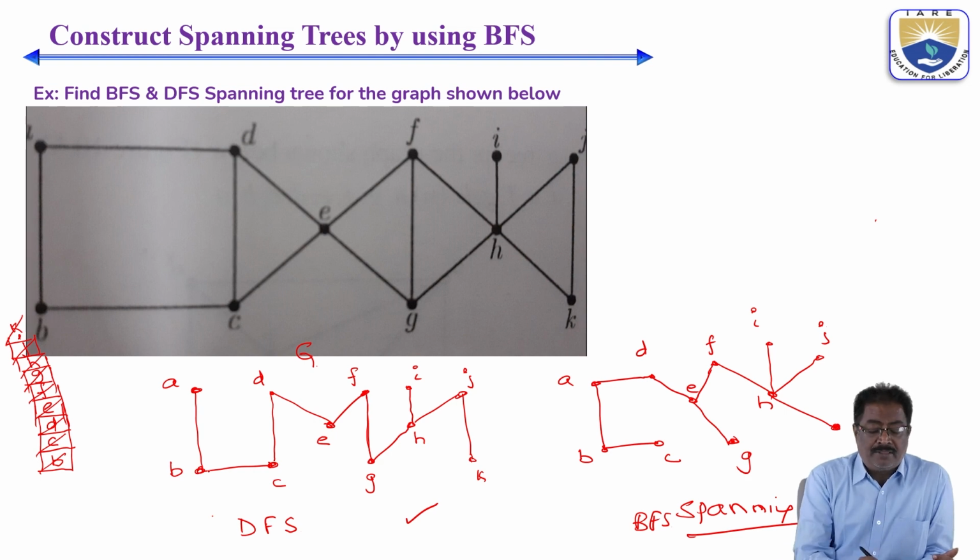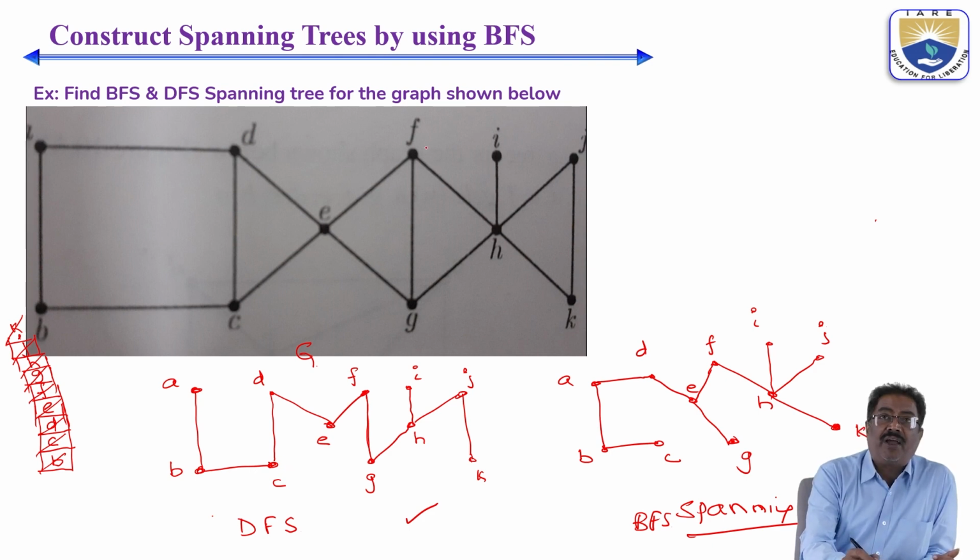So B, then we find C, from there D, from there E, from there F, and from there either F or G, from there G, then H, and there we find I. Then there is no other way, so we backtrack and move to any one of the next adjacent vertices.